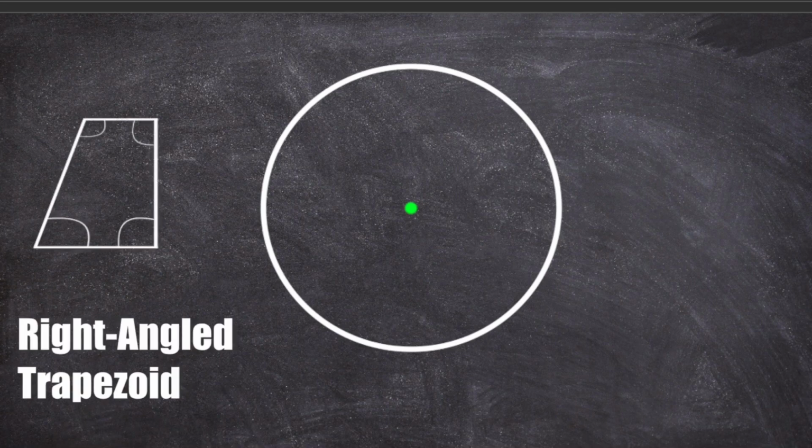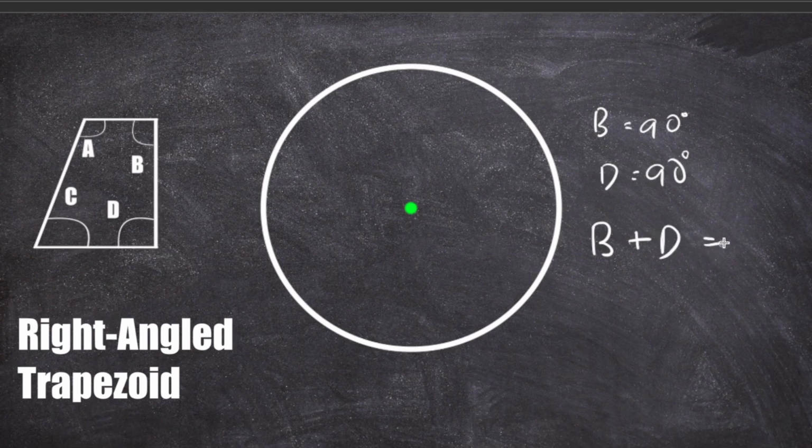Let's label the angles, and since both B and D are right angles, let's note that there. So B equals 90 and D equals 90. Now, because both B and D are 90 degrees, B plus D must equal 90 plus 90, which equals 180 degrees.